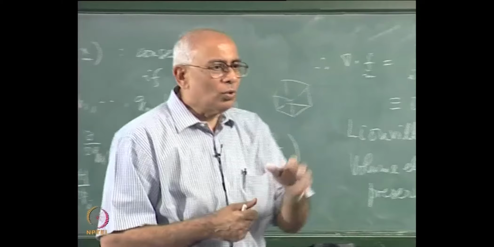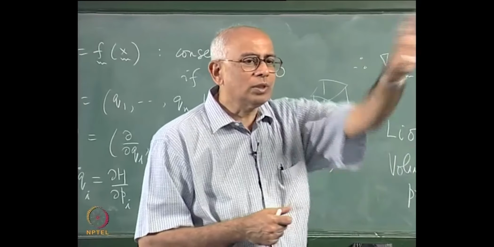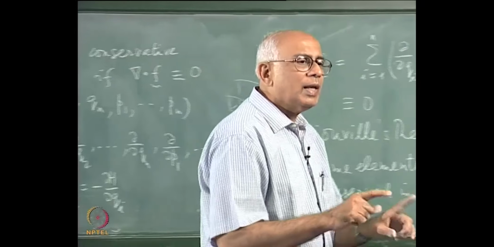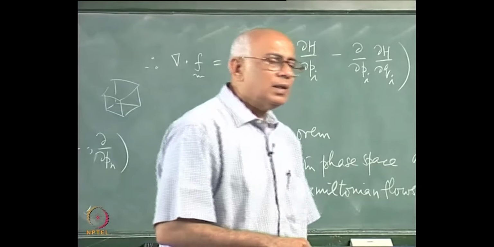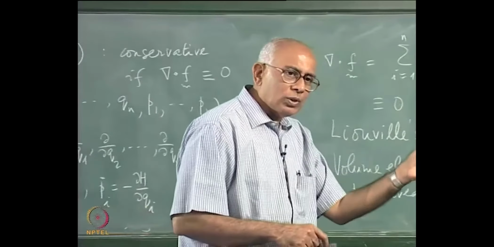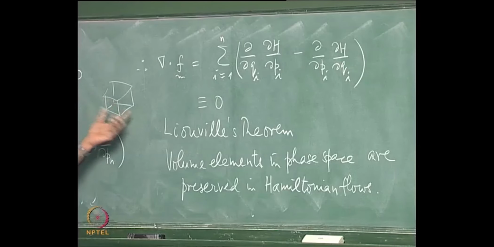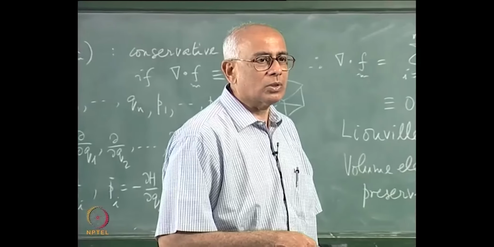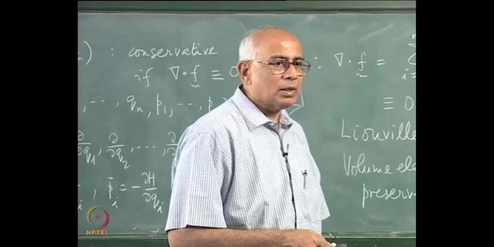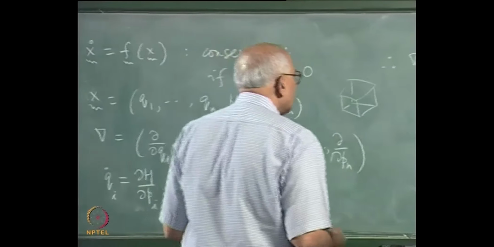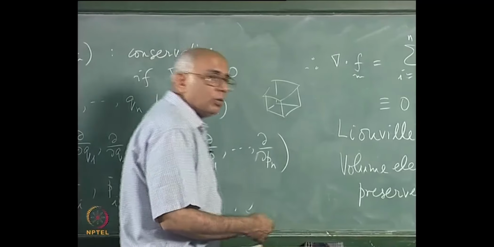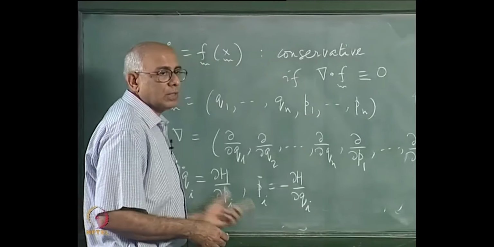So I project onto Q1 P1, Q2 P2, Q3 P3 up to Qn Pn, and I take the sum of all the areas. As this volume element flows, not only does it maintain its volume, the magnitude of this volume is not changed, it might get distorted but it maintains its volume, but in addition the sum of all those shadows, those areas, is also preserved, it is also constant. That is a very remarkable fact. It is not intuitively very clear why this should be so, but all these properties follow from the structure of these equations.